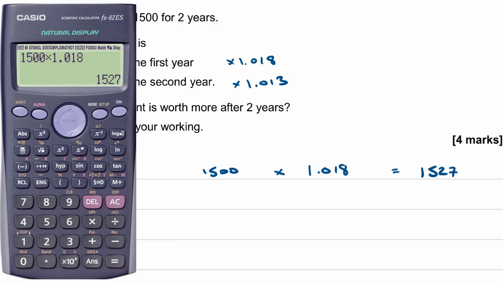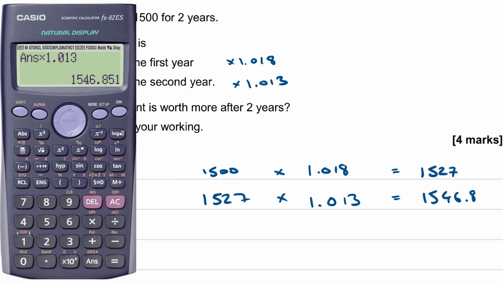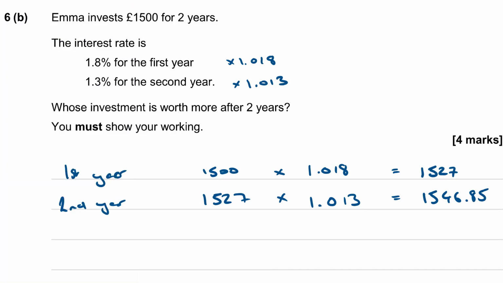In the second year, 1,527 is going to be multiplied by our second multiplier of 1.013, which gives me 1,546.85 rounded off.